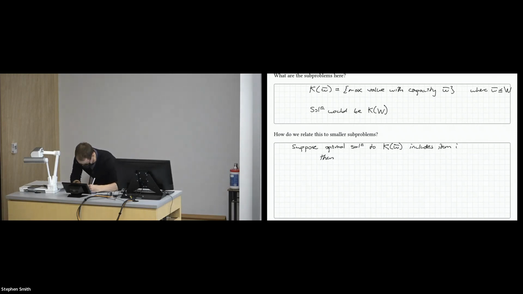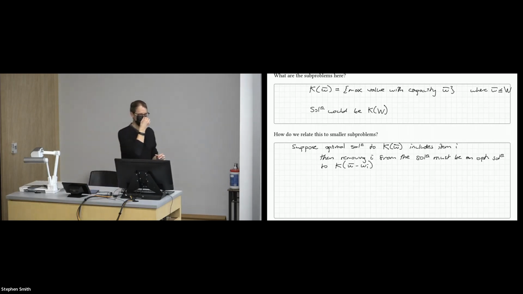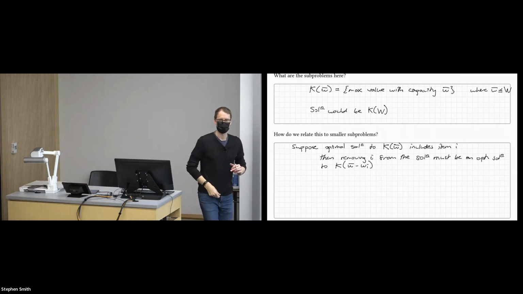Then removing i from the solution must be an optimal solution to K of W bar minus the weight Wi. Does everyone agree with that?